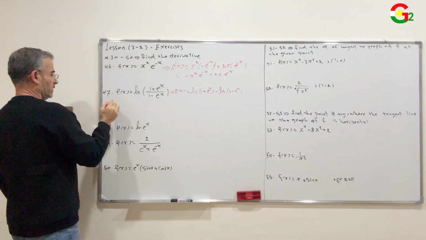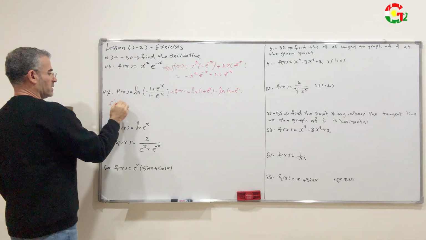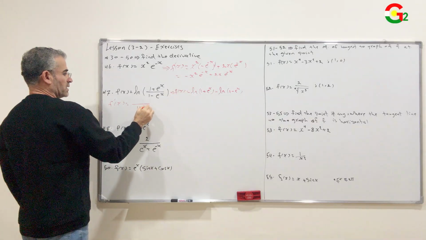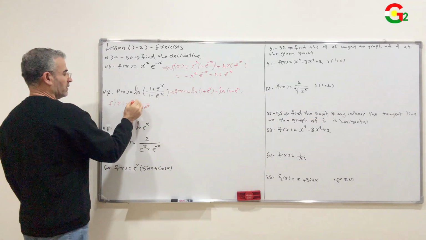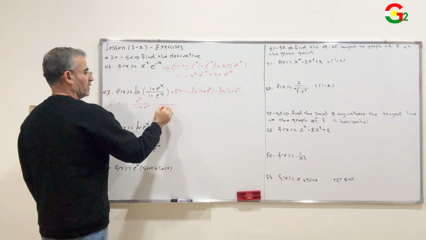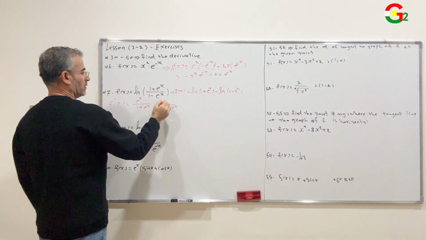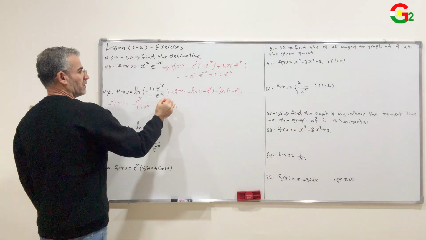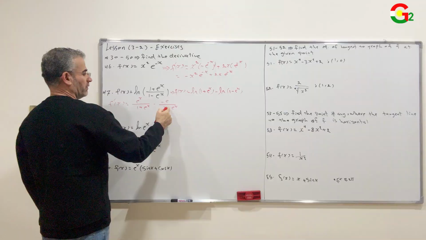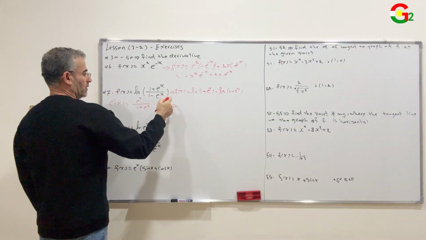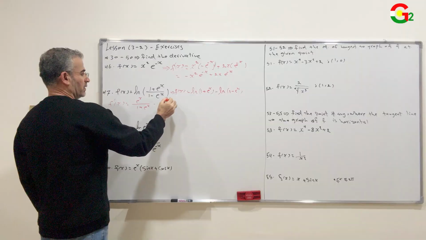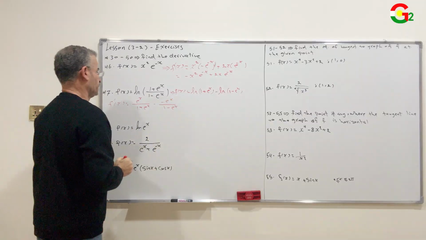Then find the derivative of this, f prime of x equals 1 plus e to the x in the denominator, its derivative in the numerator, e to the x, minus 1 minus e to the x in the denominator and its derivative in the numerator. The derivative of 1 minus e to the x is negative e to the x.